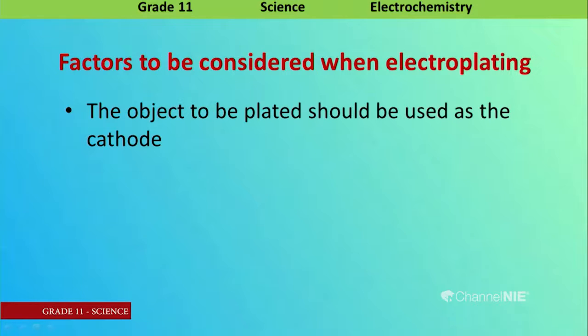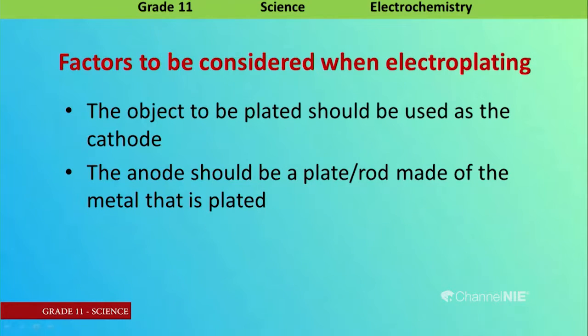Here, when the iron nail is plated with copper, the iron nail must be placed as the cathode, right? If an iron spoon is plated with copper, the iron spoon must be placed as the cathode, right? If we need to plate a bangle with gold, then the bangle must be placed as the cathode.